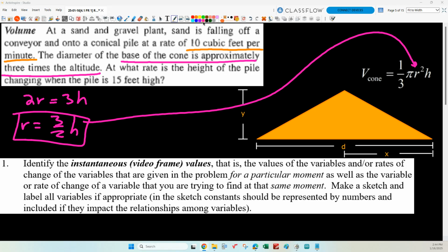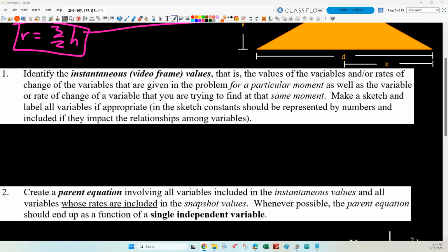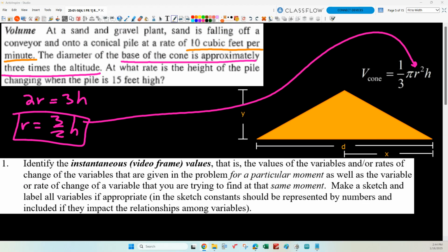So if I plug in 15, it's going to look like a constant, and the derivative would just be 0. Do we need to worry about the word approximately? No, that's fine. They're telling us that we can assume that relationship.